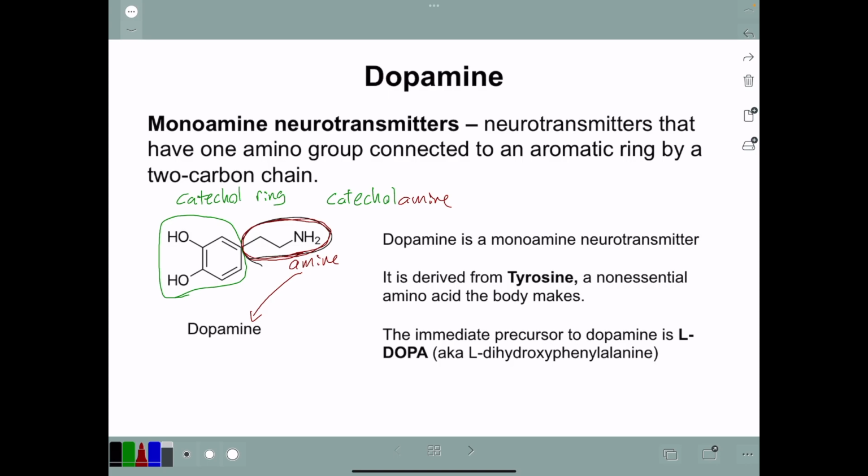The other two most well-known catecholamines are epinephrine and norepinephrine, or adrenaline and noradrenaline, if you live in the UK. And so this is dopamine, and there are two major subclasses of dopamine receptors.